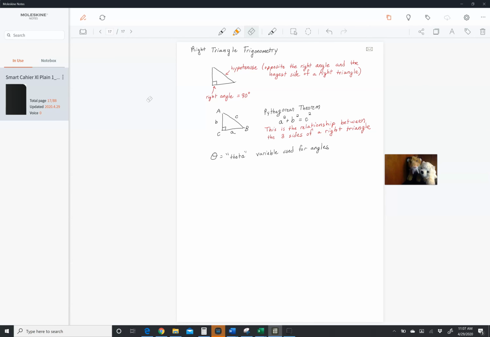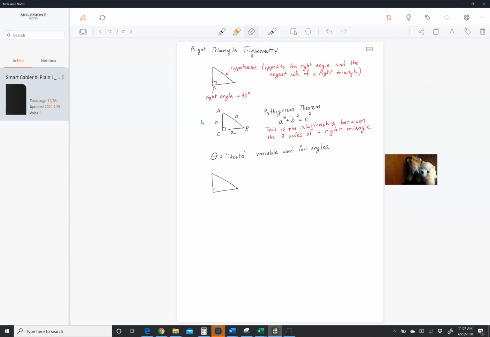And theta is just x. It's an unknown. Okay. So when we label, we can label a right triangle. This is how we label the sides and the angles as unknowns. But each of these we can label in a different way, and the way that it's labeled is based on whatever angle we're using at the moment.